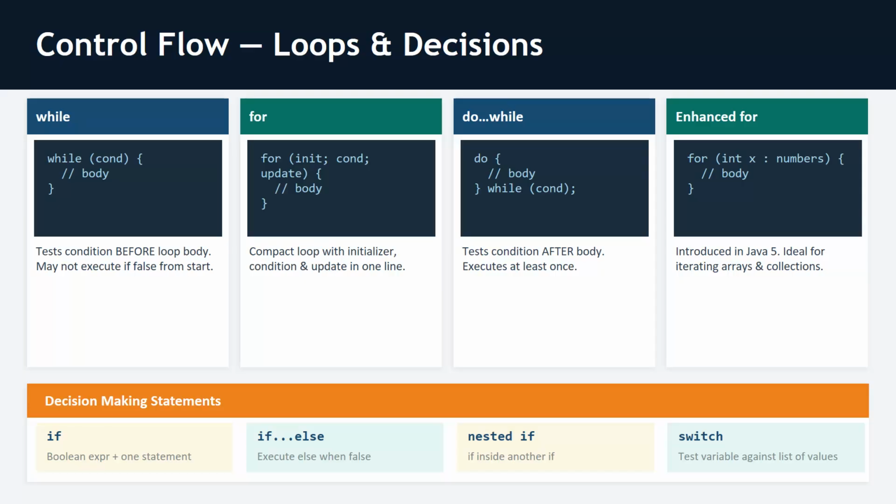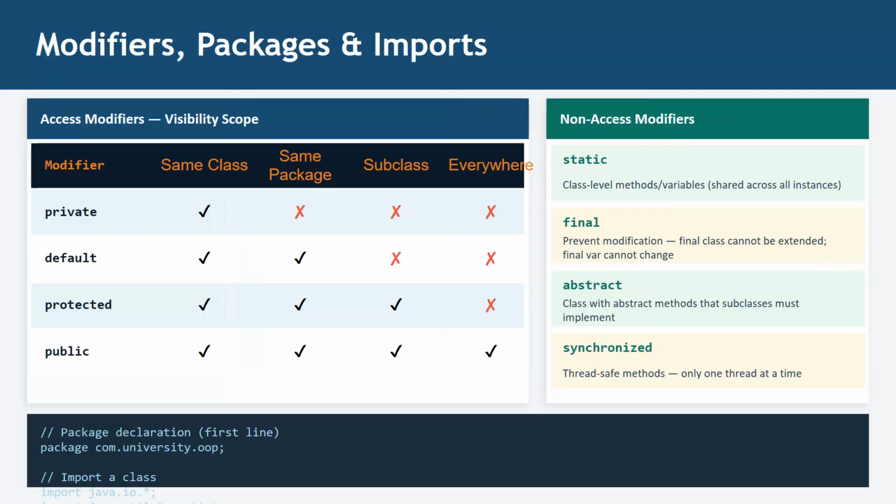You can do the else if when all the conditions have been checked and don't meet the condition. Then we have the nested if, where you use an if inside another if and still get the results. Then we have the switch, which tests a variable against a list of values. We shall see that practically.